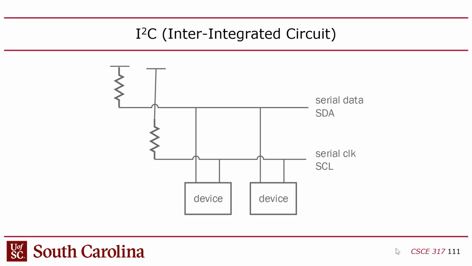But like I said, the protocol, the timing will still be the same if it's I2C. So the idea is that you're going to have different devices you can hang on. Each device will connect to both wires, and then you'll have a pull-up resistor somewhere to pull those wires up to VDD. Make sense?